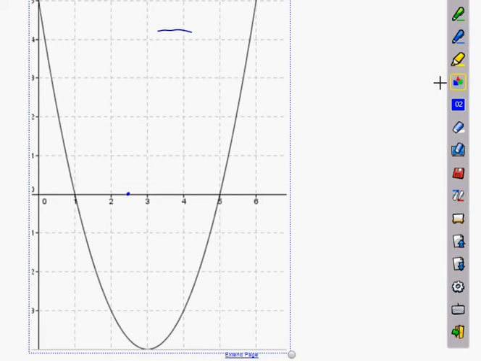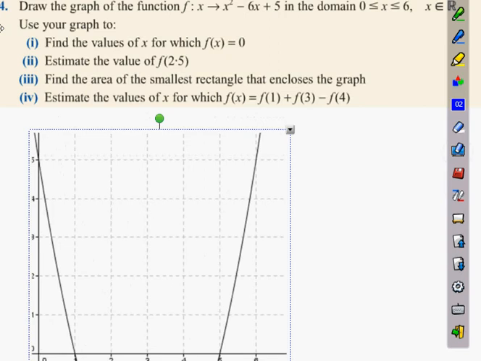You go down underneath the line, and when you meet the line, go across. What value do we get? That's minus 3, minus 4, so minus 3.9, 3.8. So about minus 3.8 for that one, guys. So go back to the top, minus 3.8.